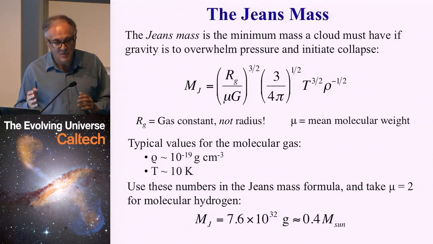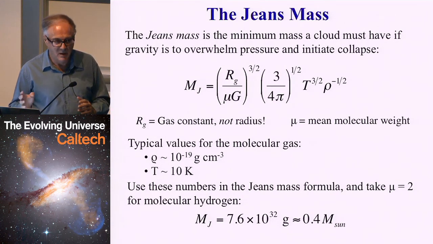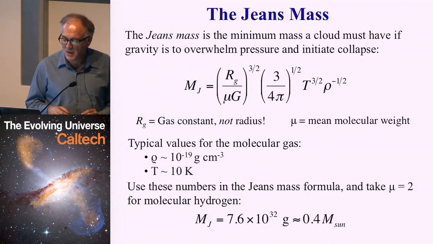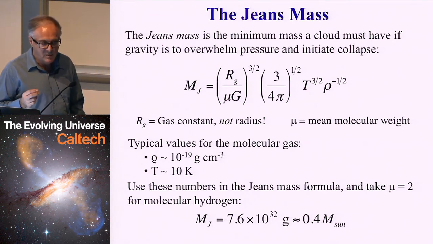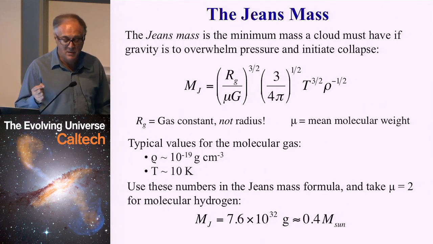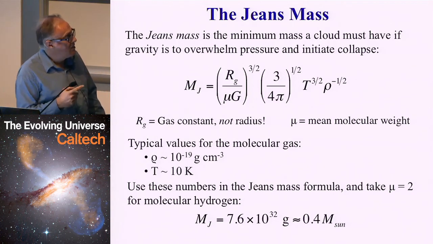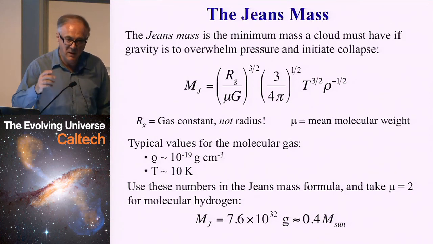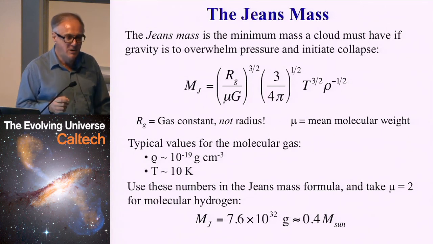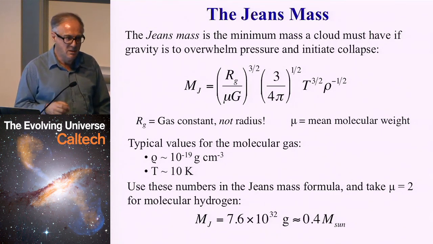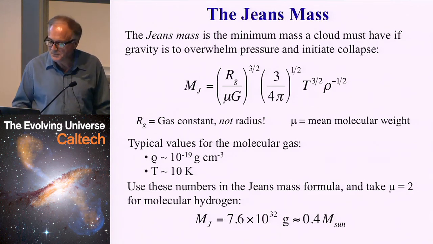James Jeans was the first one to evaluate this, and he came up with this formula, the so-called Jeans mass. It's a function of two variables, temperature and density. Now, the little r inside, R_g, is the gas constant from PV equals RT. It's not radius. And the mu is the mean molecular mass in atomic units.